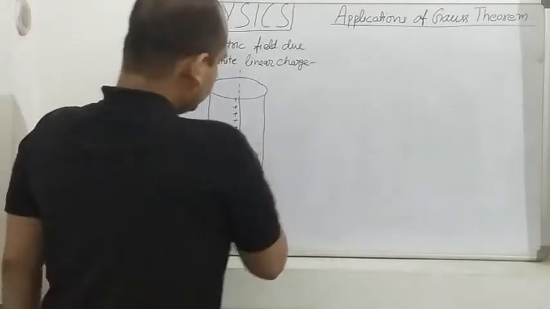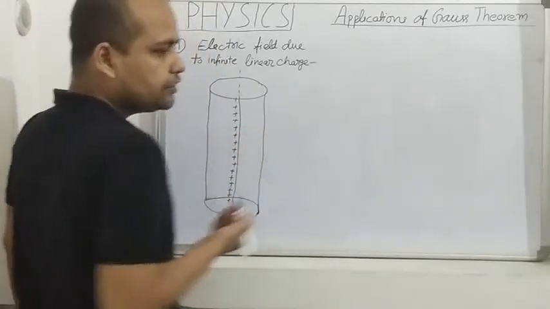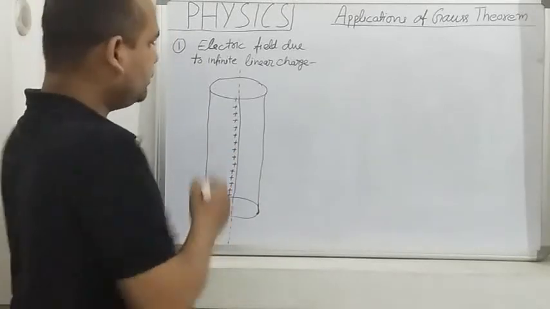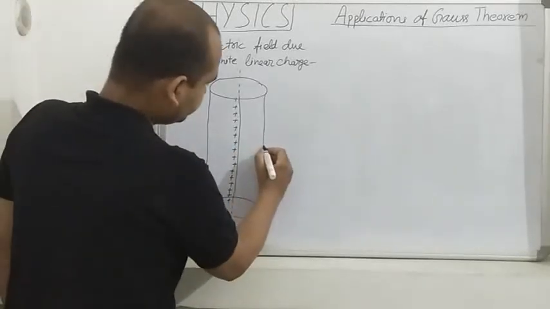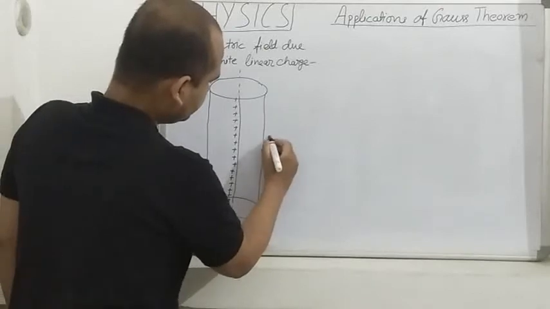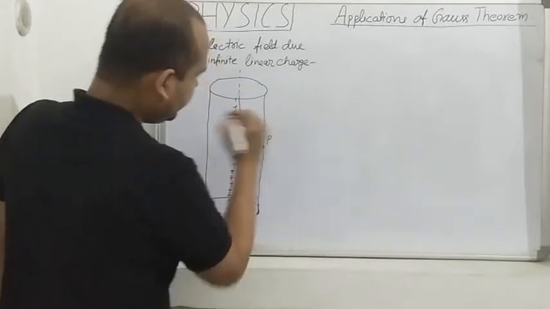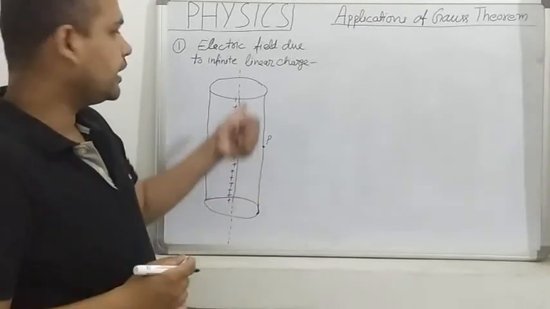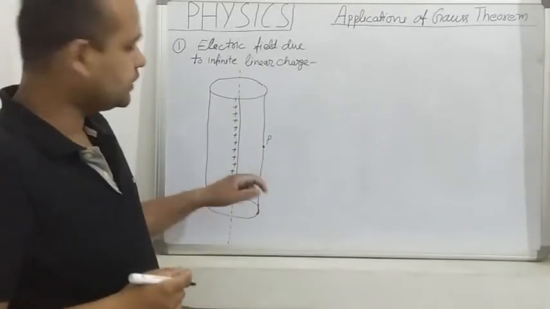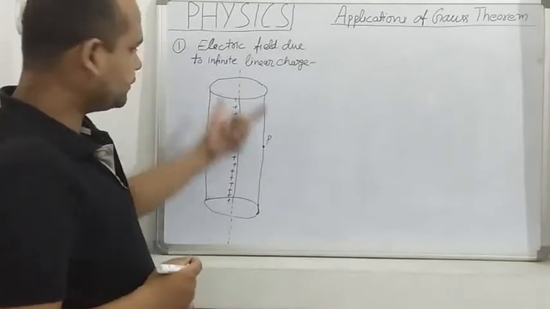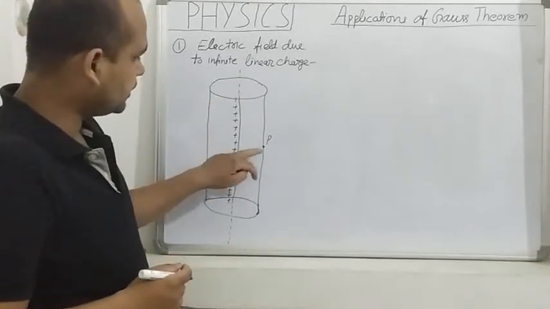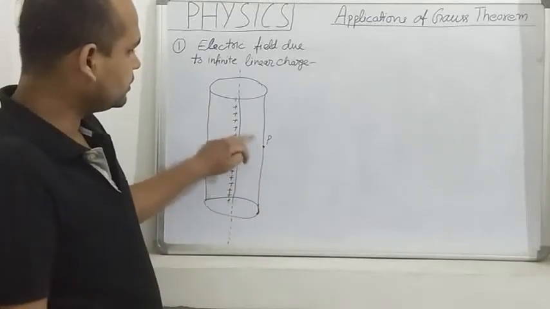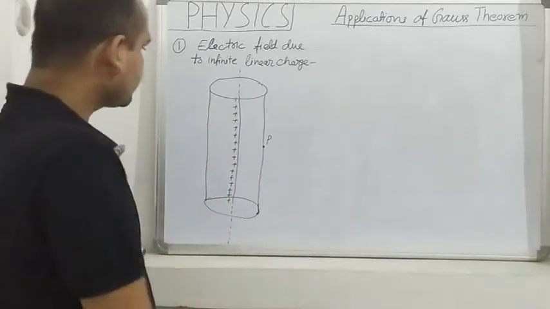Now suppose the point at which we are interested to find the electric field is P, and I told you the point must lie on the surface of the Gaussian surface. So the cylinder is the Gaussian surface, and point P is lying on the curved part of this Gaussian surface.